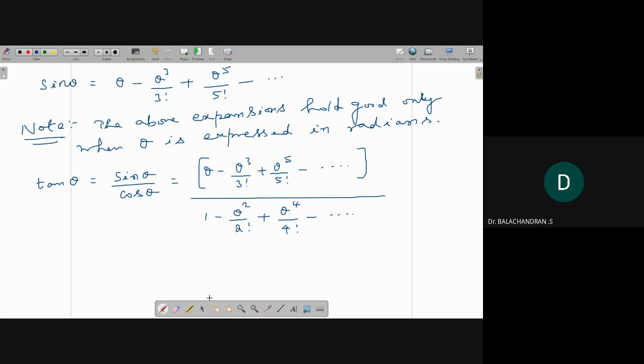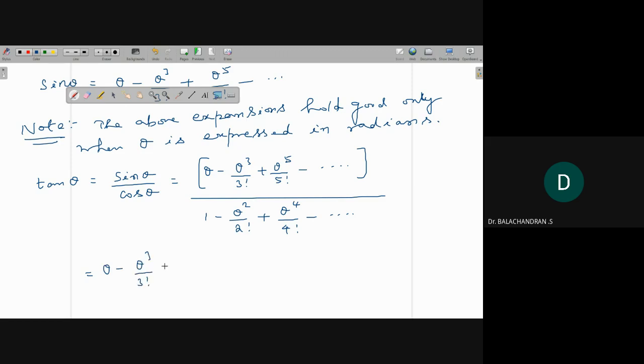So now, first I will write this equal to theta minus theta cube by 3 factorial minus and so on. And then I will write in the numerator 1 minus theta square by 2 factorial.